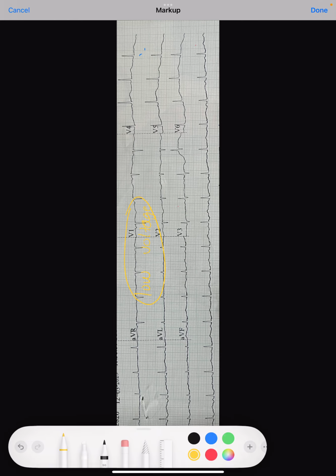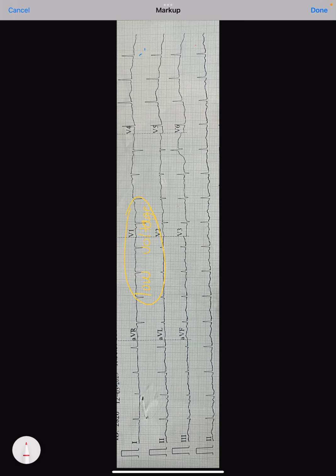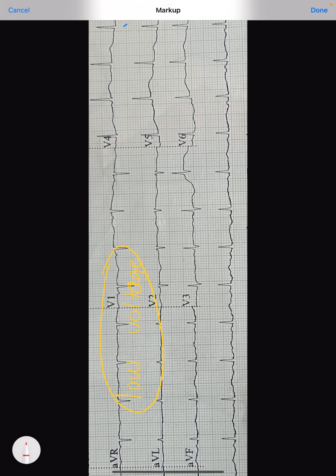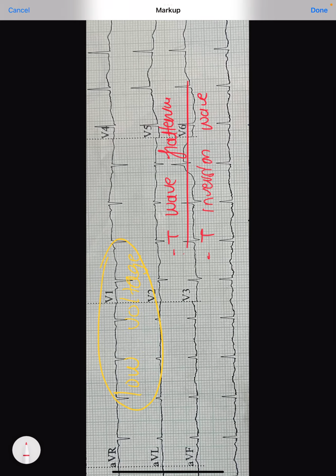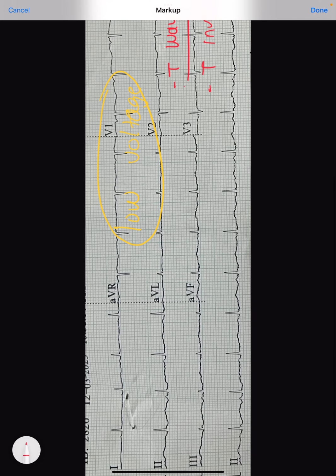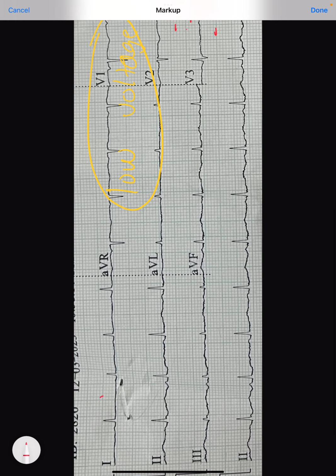The second and third things are that in these patients, the earliest finding will be T wave flattening. So the T wave will be flattened, and the second thing will be inversion of the T wave. Now in this ECG, we really don't have a very good T wave. Here you can see something like a U, but sorry, it is not a T wave.